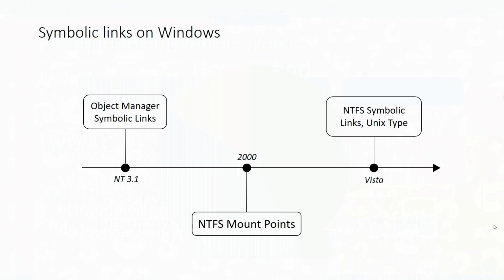Those are real file system symbolic links like the ones on Unix. But they do require administrator privileges to create, so they're not that useful in the eyes of elevation of privilege attacks, while the two previously mentioned, Object Manager symlinks and NTFS mount points, do not require any privileges.